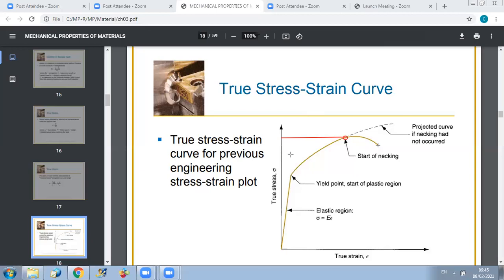So after finding k and n, you draw the curve and extend it beyond necking, and then you compare with the actual graph. You will determine a certain separation point, which corresponds to your starting point of necking. This is how we use the true stress-strain curve to determine the starting point of necking.